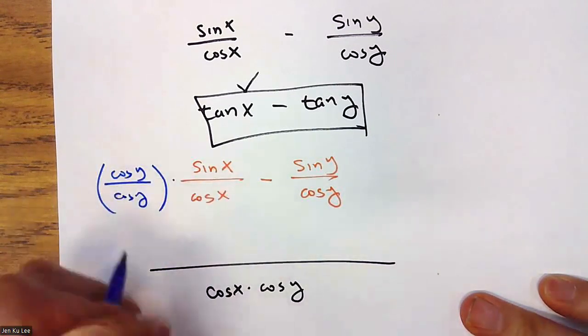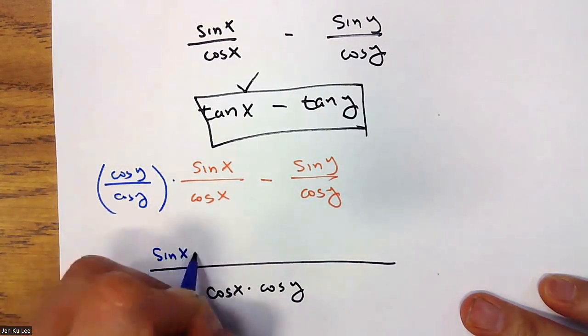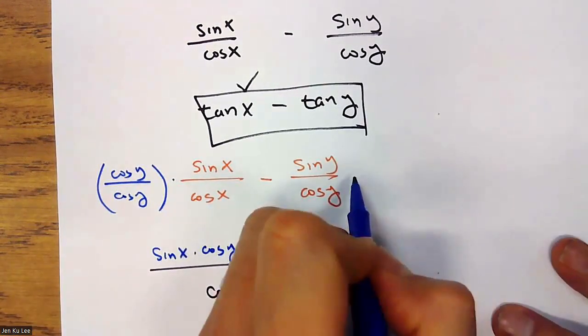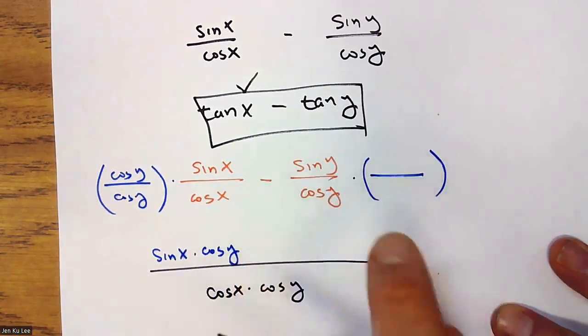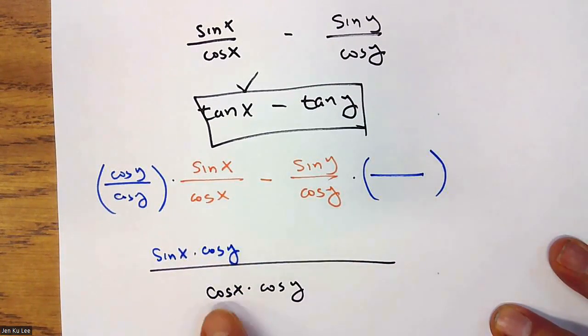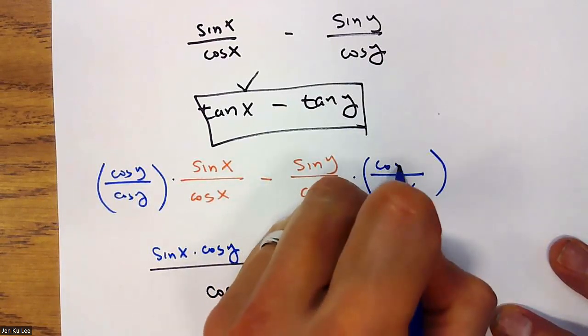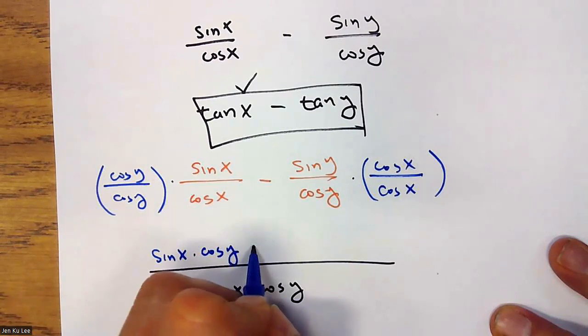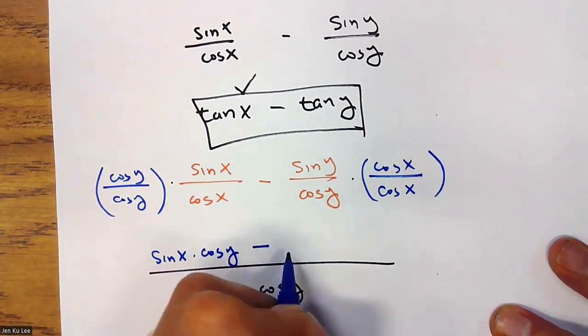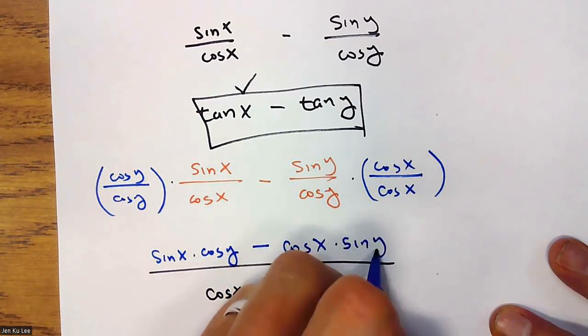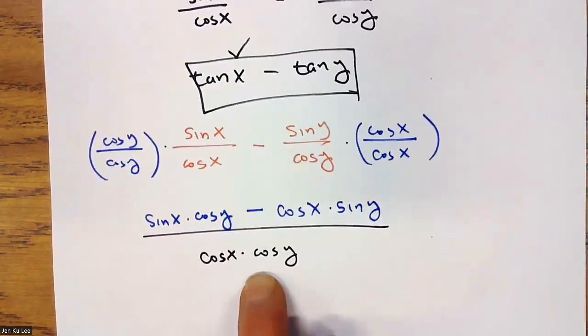So in this guy here, I have sine of x times cosine of y. Doing the same thing here, I have cosine of y here. I need it to be cosine of x times cosine of y, so I need to multiply this by cosine of x. Minus cosine of x times sine of y over this denominator.